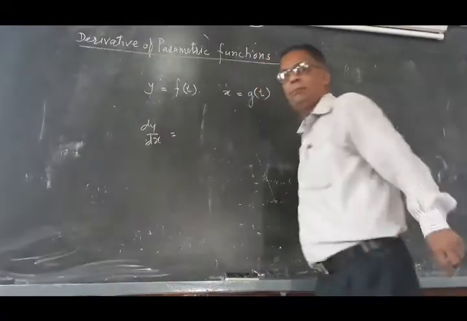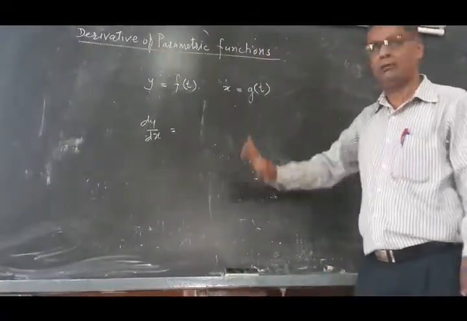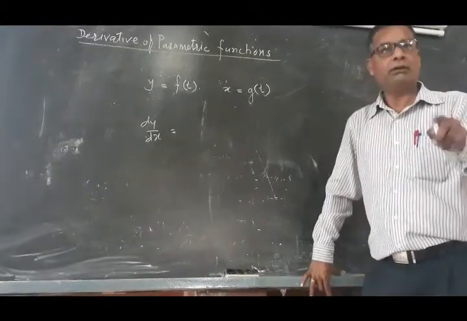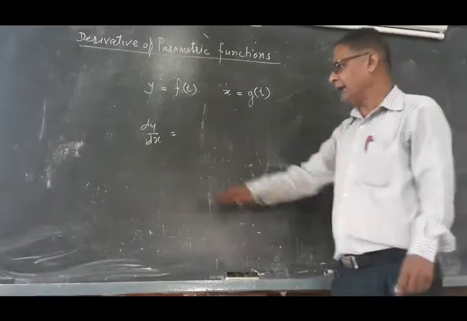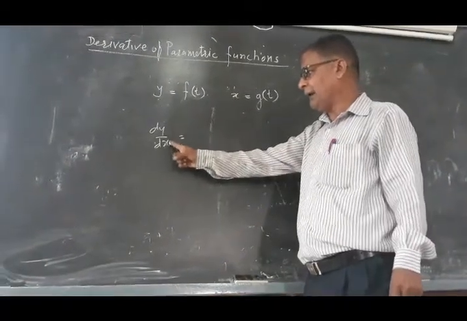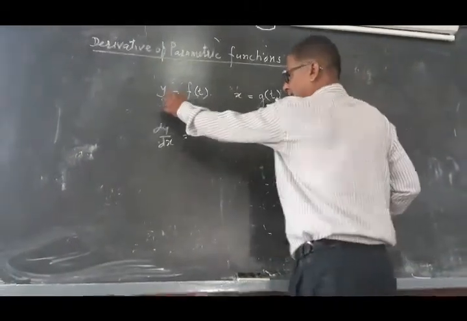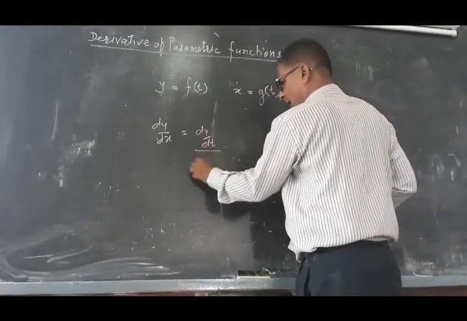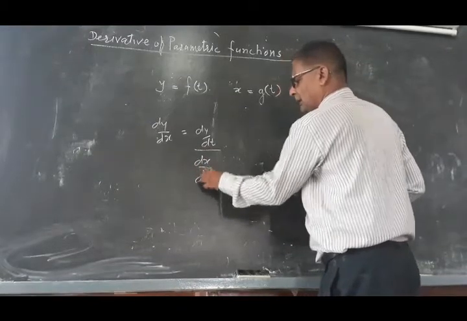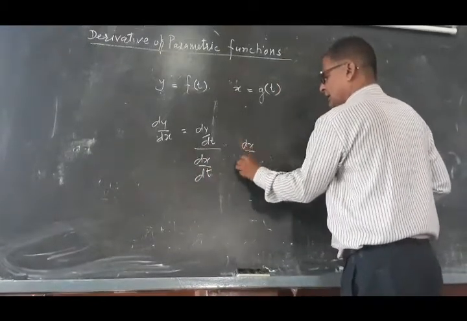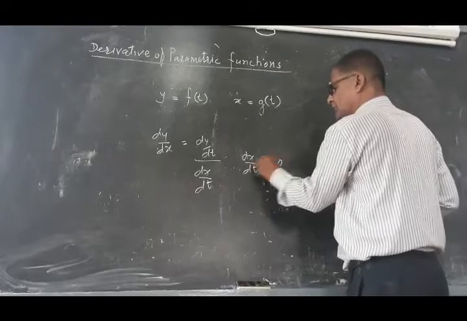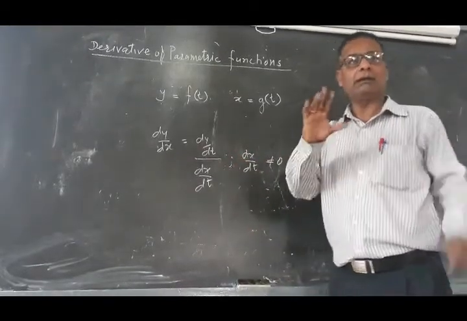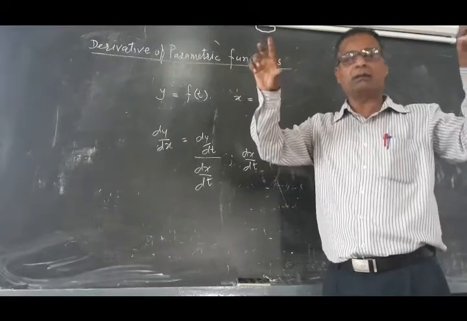Now there is a special property, a theorem, which is included in your syllabus and present in the textbook. The theorem is: dy upon dx is equal to dy upon dt divided by dx upon dt, where dx upon dt is not equal to 0. So what is the parametric function theorem?